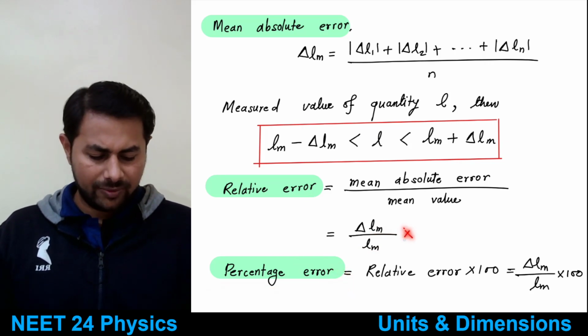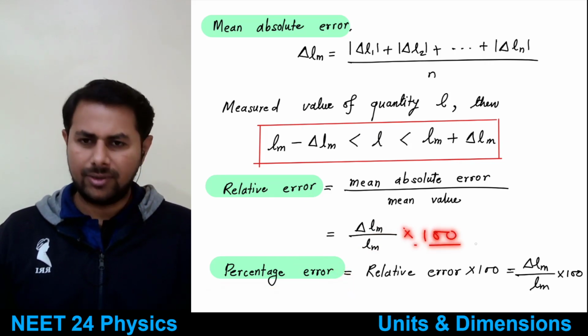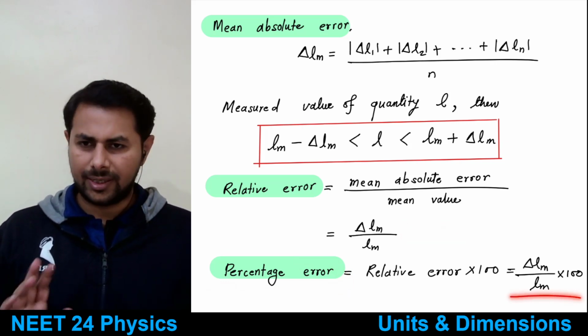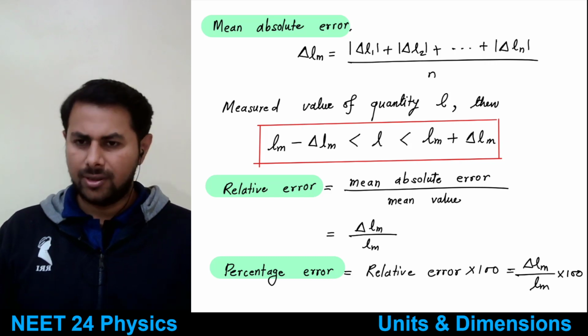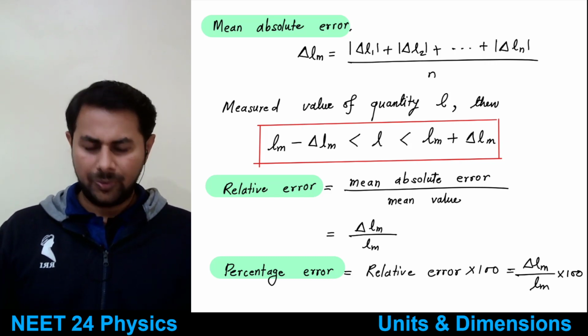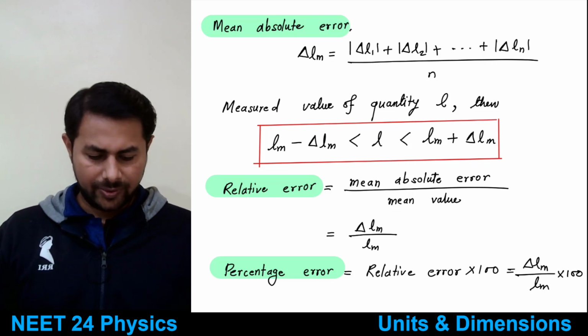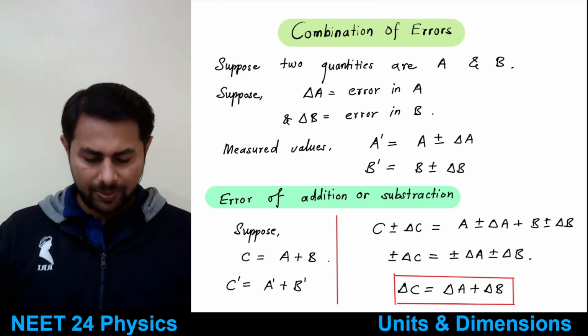Just multiply relative error by 100 and you get the percentage error. Any confusion in these definitions? Good. Let's see after that.